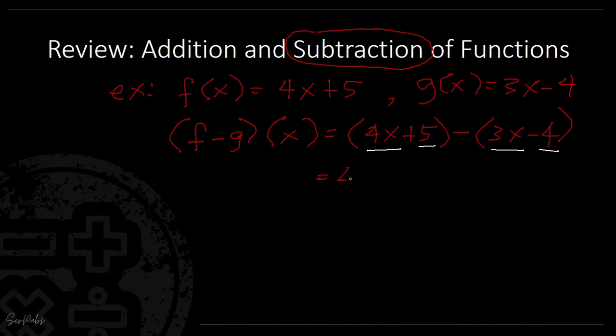So, unahin natin ng 4x. Pero magkakaroon tayo ng changes when it comes to sign. So, dahil meron tayong negative times positive. So, negative times positive, it will become negative 3x.